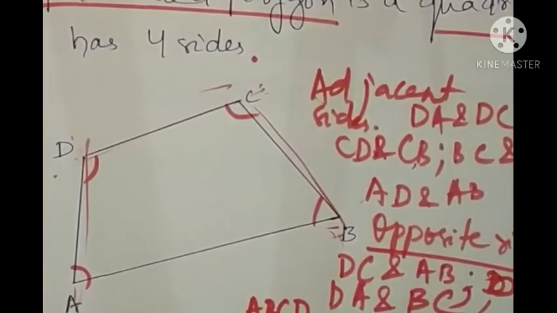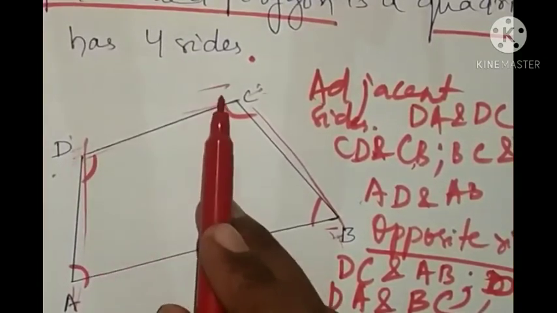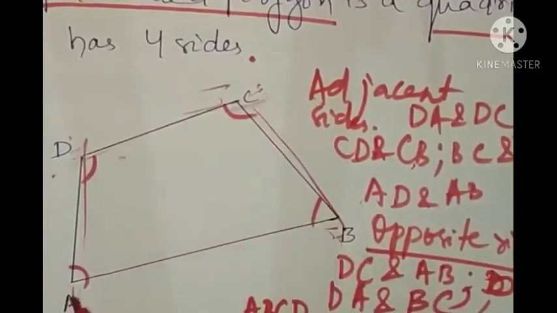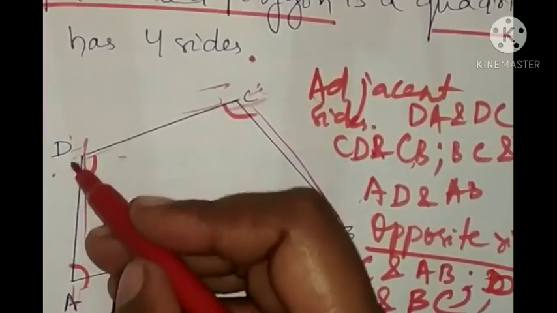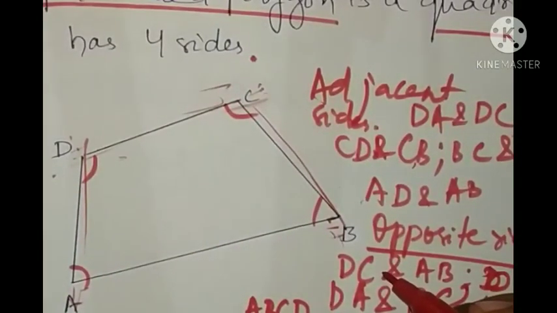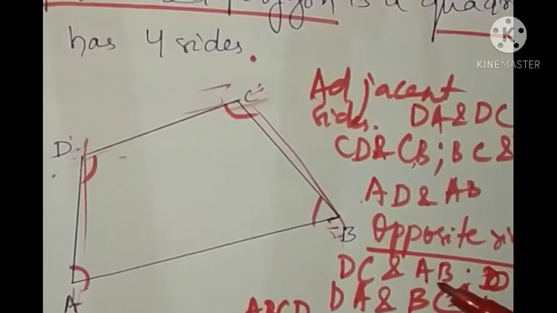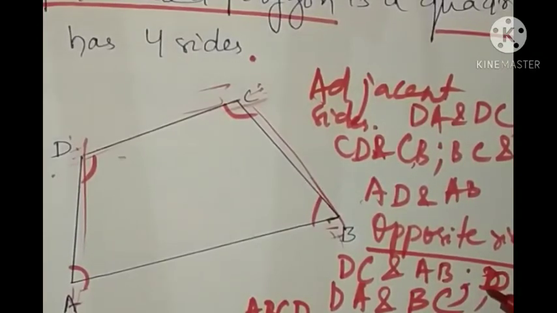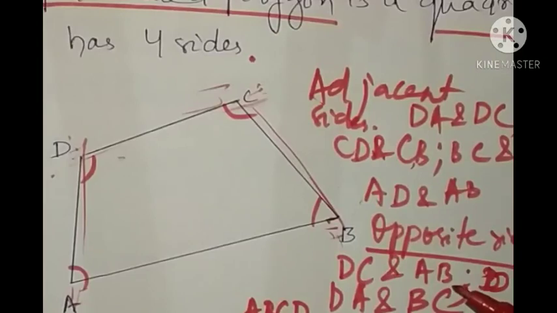These are adjacent sides. Next, opposite sides: DC and AB is one pair of opposite sides, then DA and CB is another pair of opposite sides. Like that you can find the adjacent sides and opposite sides of a quadrilateral.